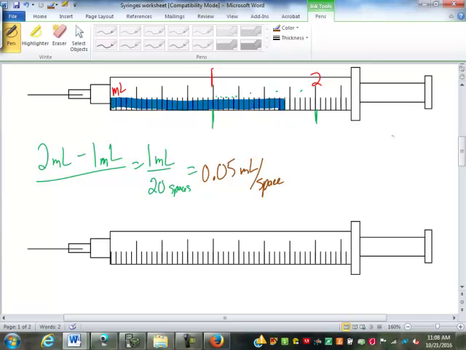So for this one, there's a few ways I could approach it. I could start at the 1 here, and I could count up by 0.05s, which might get a little confusing. What I would do is I would count up by 5s, knowing this 1 point, 5, 10, 15, 20, 25, 30, 35, 40, 45, 50, 55, 60, 65, 70. So that's 1.70 milliliters.